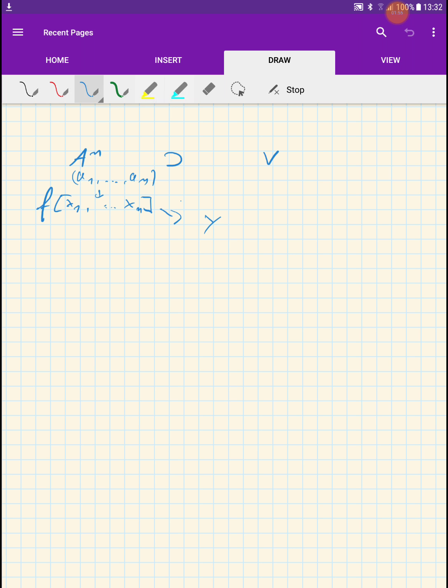And of course by adding pointwise, we can add such functions and we can multiply them and we get a ring of functions on A^n. And this ring of functions is called K of A^n, which is the coordinate ring of A^n.